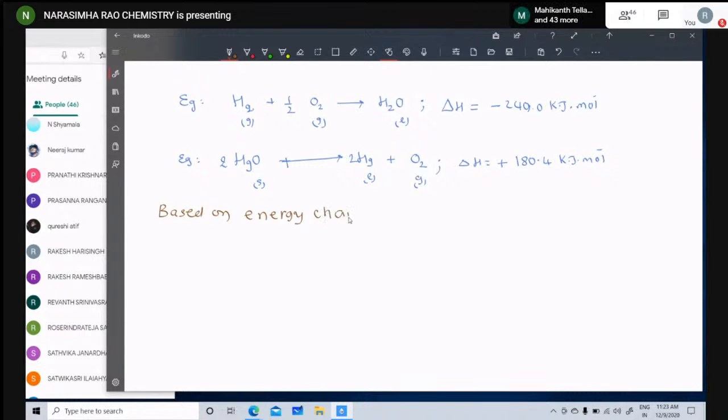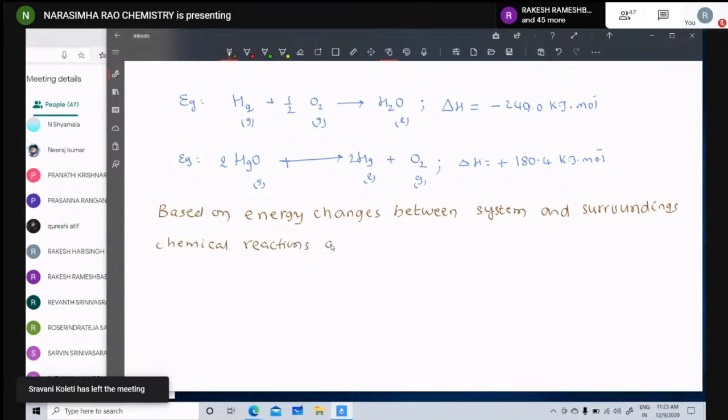Energy changes between system and surroundings. Chemical reactions are of two types.